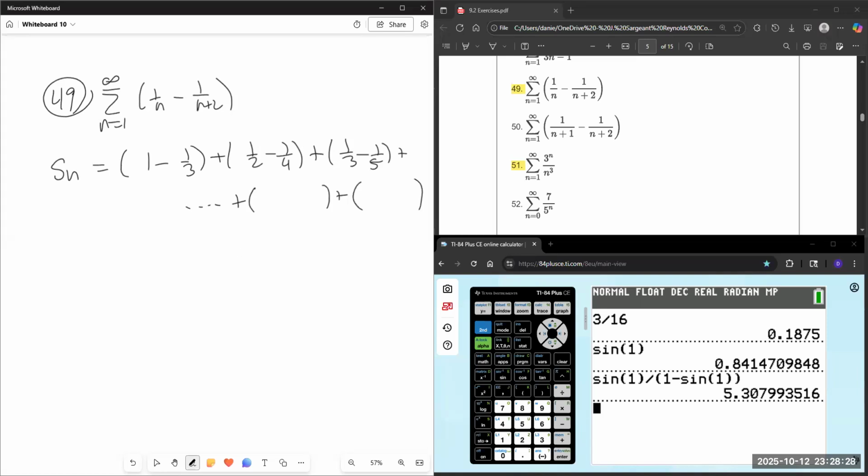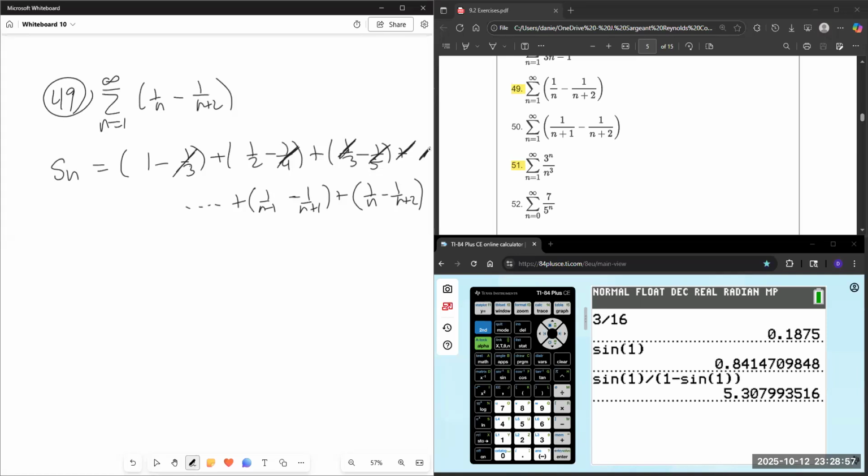This is 1 over n minus 1 over n plus 2, being minus 1 over n plus 1, and this is 1 over n minus 1, because this 1/3 doesn't cancel out until the third group of parentheses. So there's a 1/4 that will cancel out with this 1/4 that's up here, and a 1/5 that will cancel out with a 1/5 that's somewhere up here, and so on.